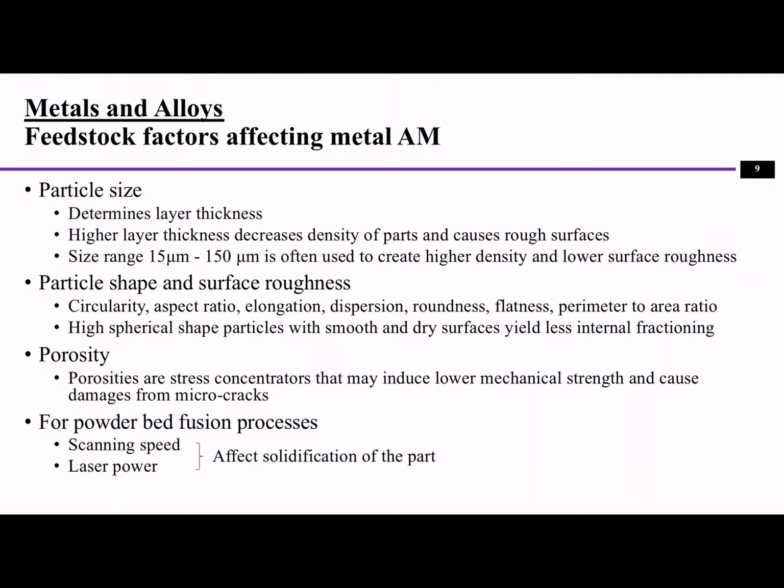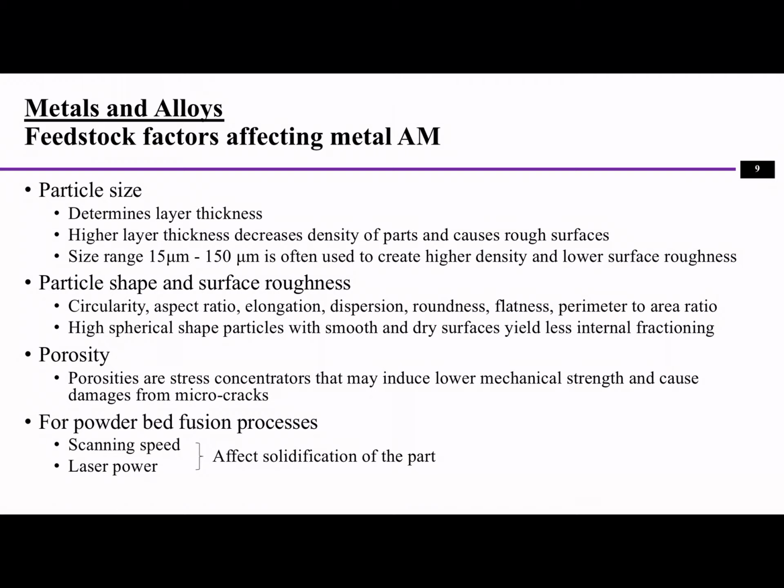So in powder metallurgy, remember when we talked about in ISAT430, there are several factors about powder. One is particle size and also particle shape, surface roughness, porosity. Those are the characteristics. So the feedstock quality, the powder quality, also affects the quality of the metal 3D printing parts.